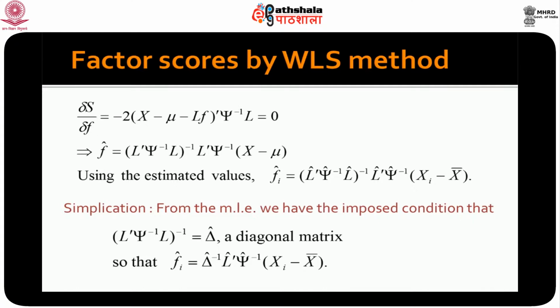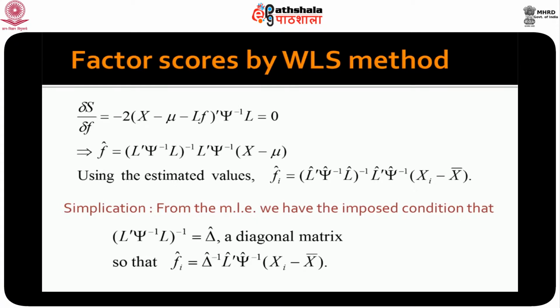F hat being equal to (L prime psi inverse L) inverse L prime psi inverse (x minus mu). So, given that we have already estimated L, mu and psi, our predicted factor score for a given individual with characteristics xi would be F i hat equal to (L hat prime psi hat inverse L hat) whole inverse L hat prime psi hat inverse (xi minus x bar).